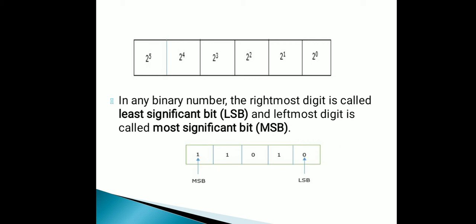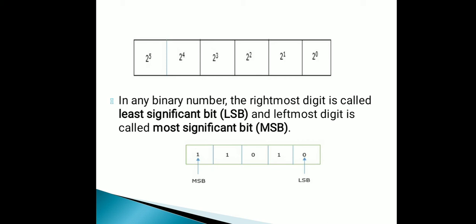The first digit from the rightmost side is at 2 to the power 0. So what is the value of 2 to the power 0? Similar to the decimal number system.